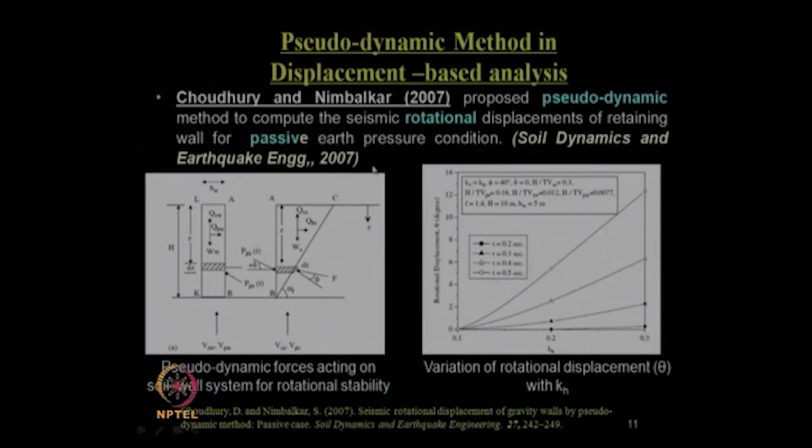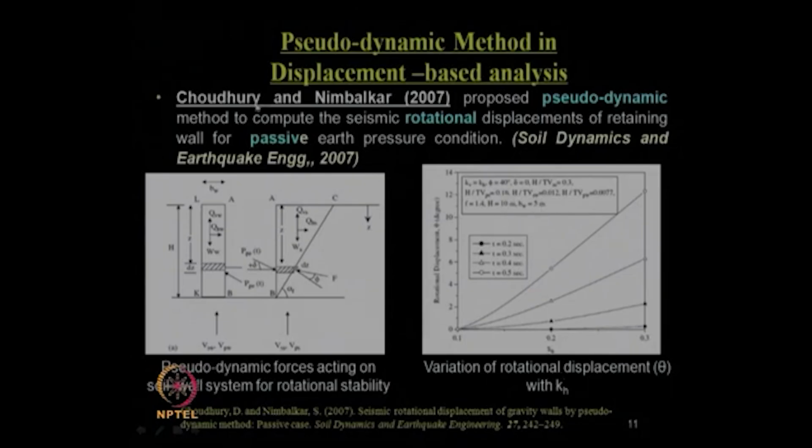Whereas this paper, Chaudhary and Nimbalkar 2007, also in the journal Soil Dynamics and Earthquake Engineering, talks about the rotational stability. The earlier paper talks about the sliding stability, how to obtain the stable wall section, and this one tells us how to find out the rotational displacement for a particular wall section with chosen height and width.